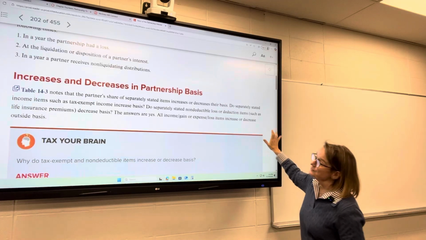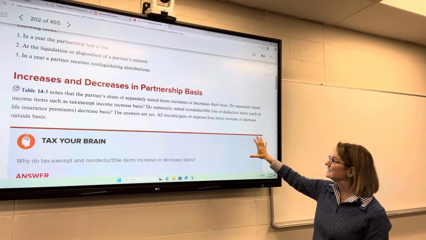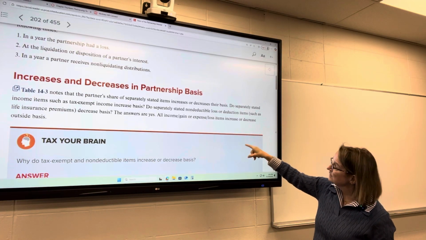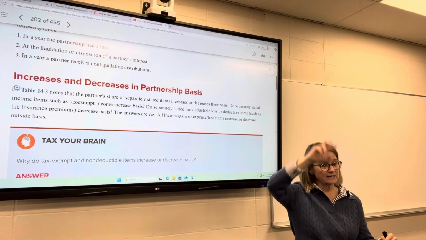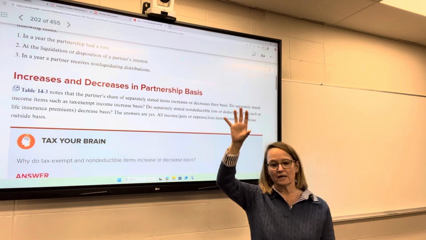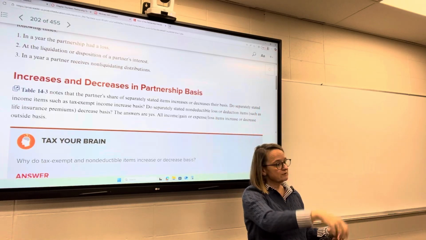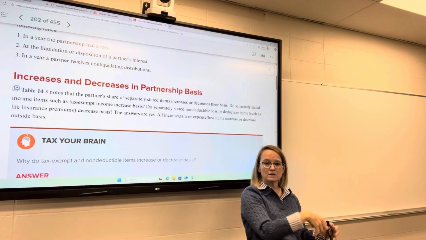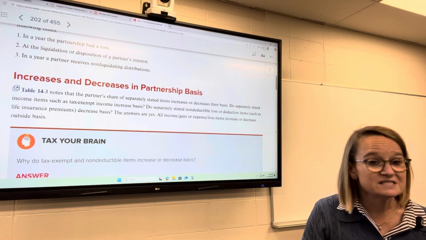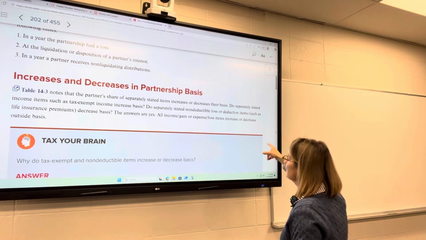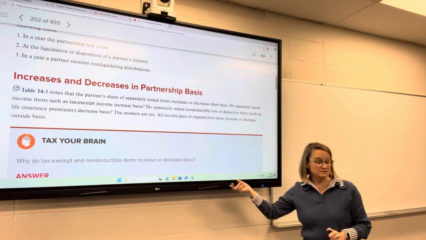So the partner's share of separately stated items either increases or decreases their basis. So remember that K1, if you imagine that K1 that we looked at, we've got our ordinary income in box 1, and then we've got all of those separately stated items on the K1. Each of those separately stated items increases or decreases basis.